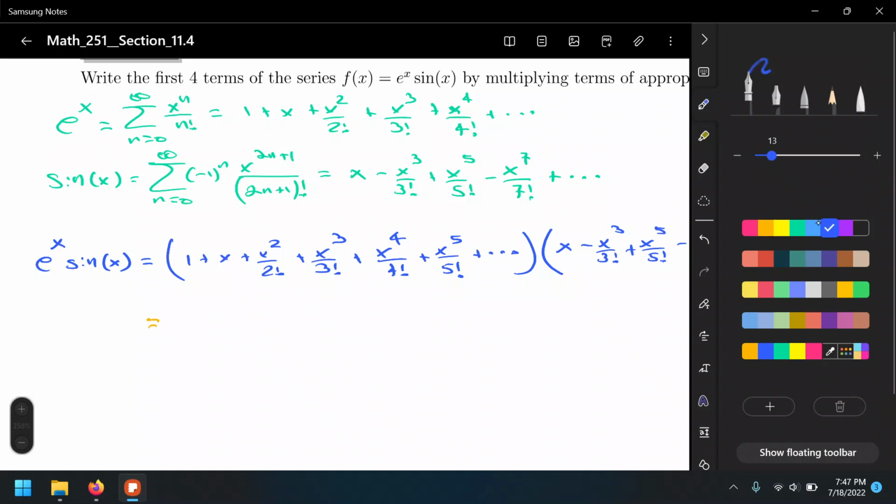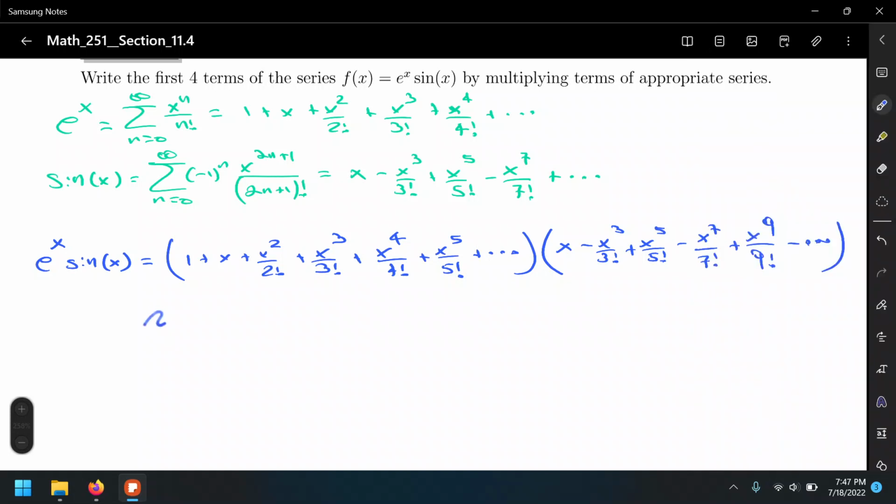Multiplying 1 times x gives x. Can you think of another way to multiply other terms so we get x to the first power? The next power would be x squared, so no, there's no way we can get another power of x. So that's the first one.